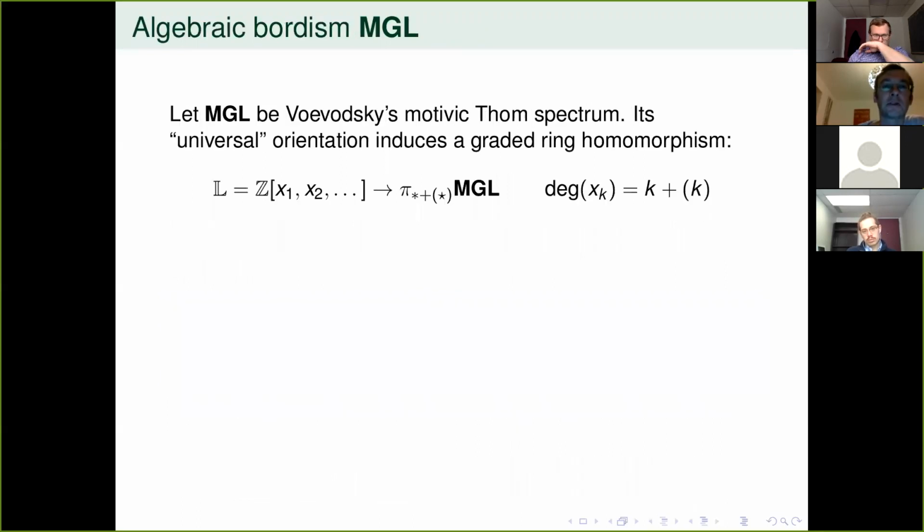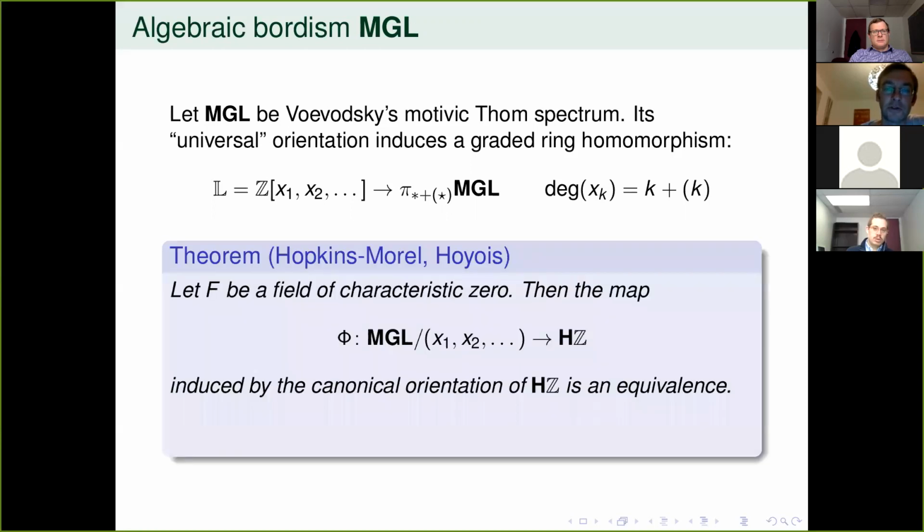And now let's use the main technical tool for computing slices, algebraic cobordism, Voevodsky's motivic Thom spectrum. I had these Lazard generators already on a slide on Tuesday.